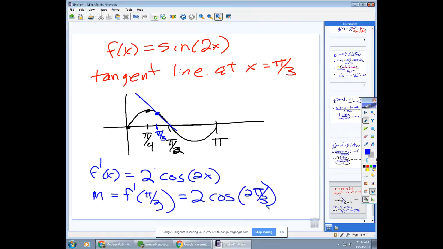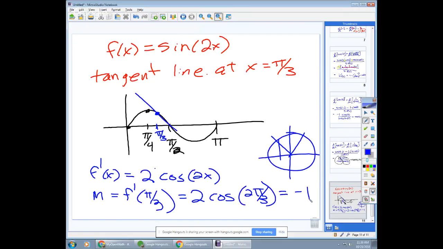What the heck is the cosine of 2 pi over 3? This would be 1 pi over 3 there. 2 pi over 3 would be over here. Cosine is an x value. I think it is negative 1/2. So then I have 2 times that. So what do I think the slope is here? I think it's negative 1. Be a good idea to whip out a calculator to test that idea now, right?